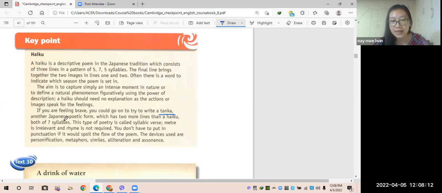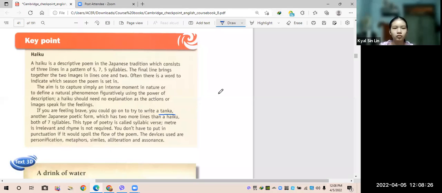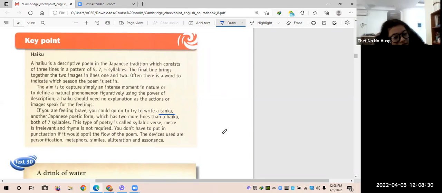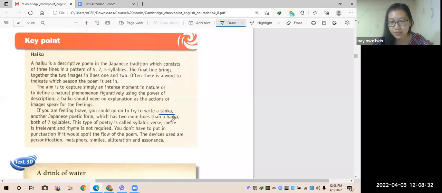So what will the pattern of the tanka be? Haiku has 575, right? So how about the pattern of tanka? 57577. So that is the pattern of tanka, right?